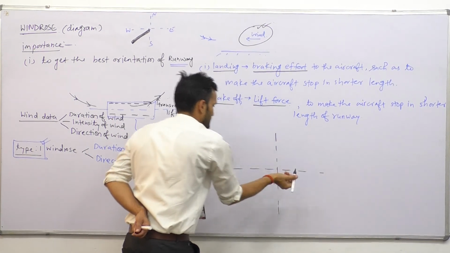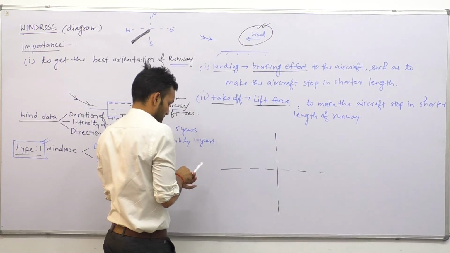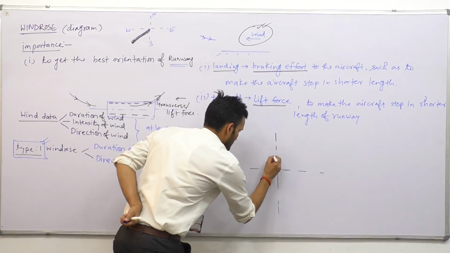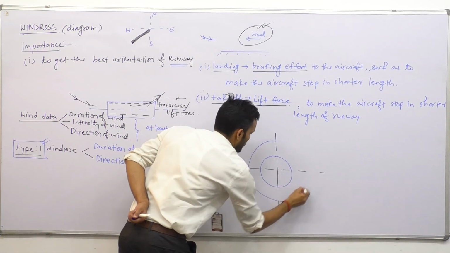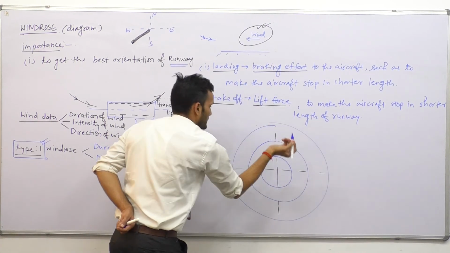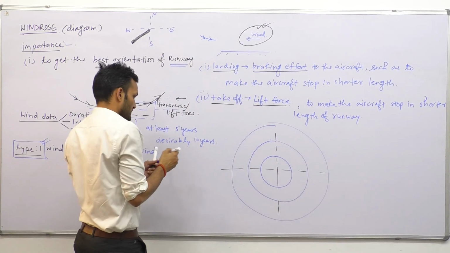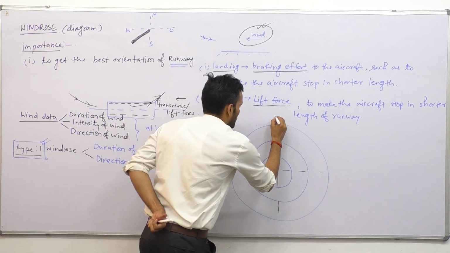Say this is the center line, and I am drawing circles here. Presenting data can be in graphical form, such as a pie chart or circles. This windrose diagram uses a circular form.